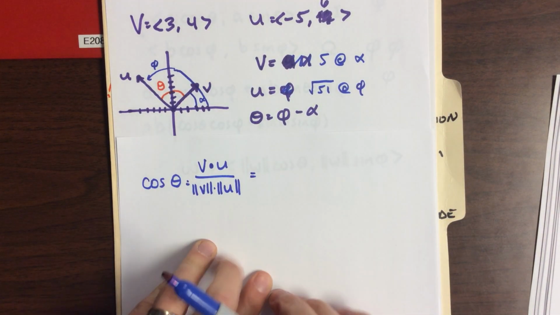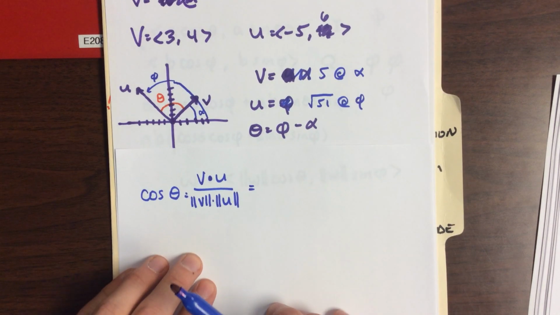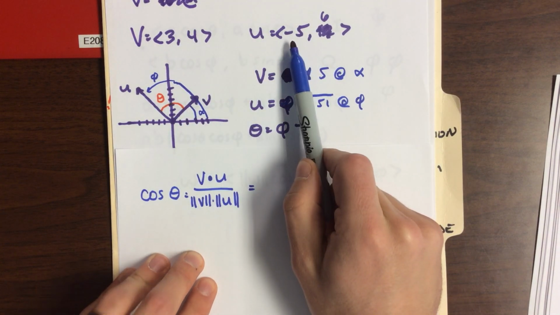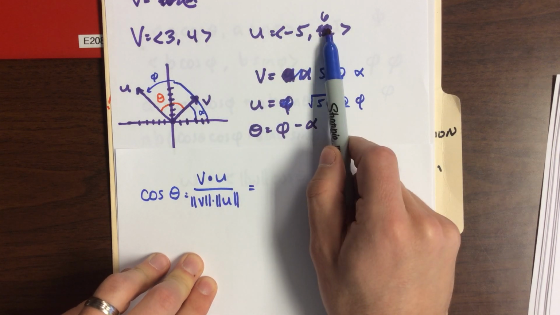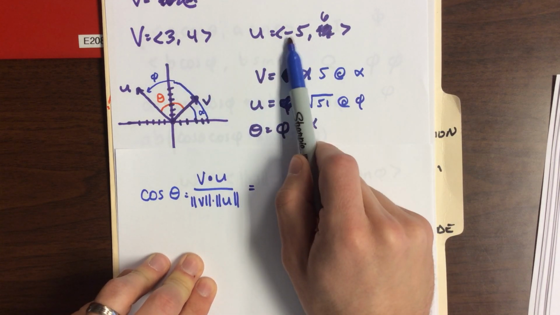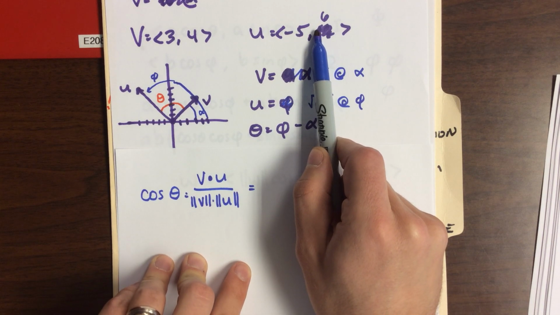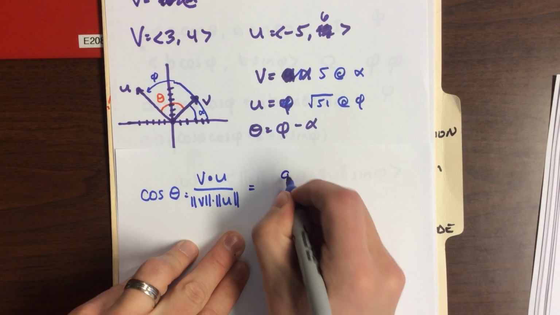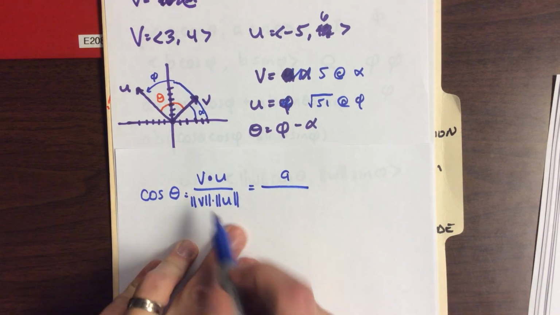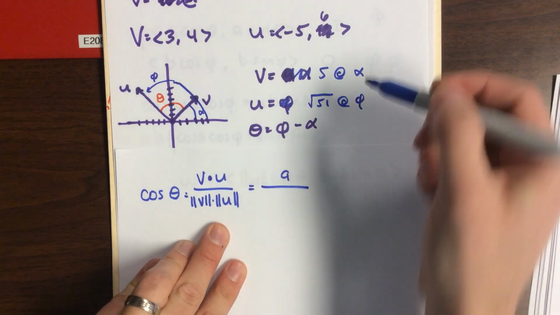V dot u: we've got 3 times negative 5 is negative 15, plus 4 times 6, 24. Negative 15 plus 24 gets me 9, divided by the product of the magnitudes.